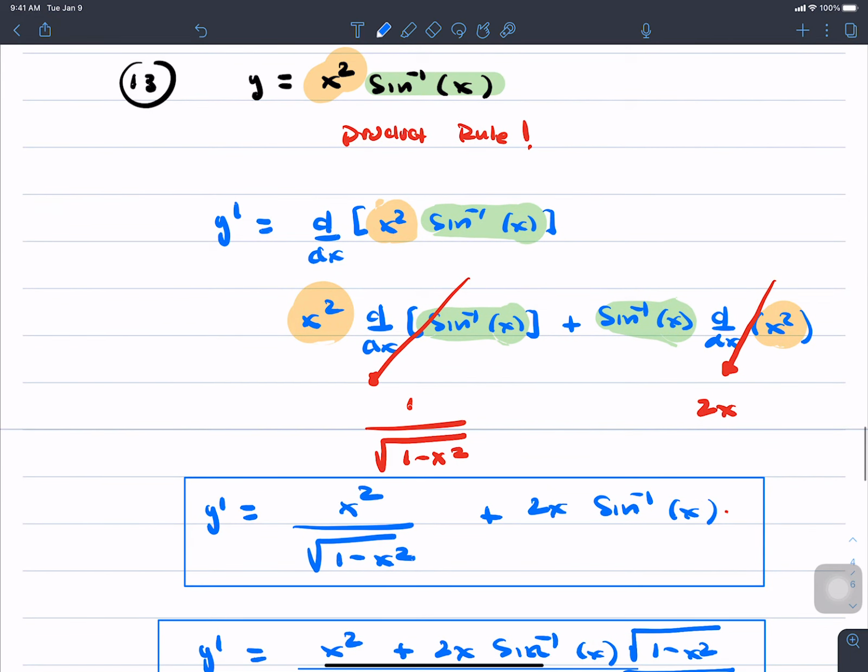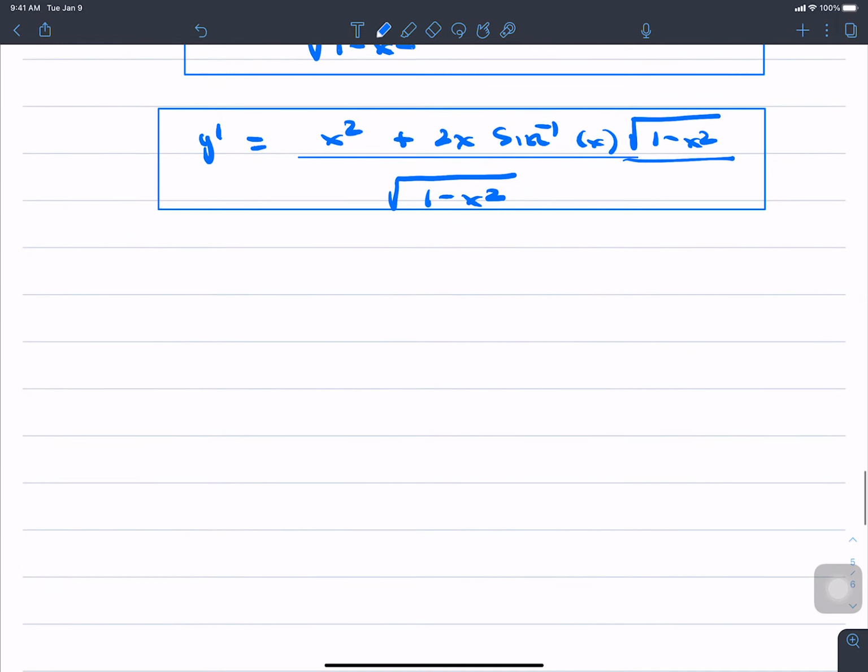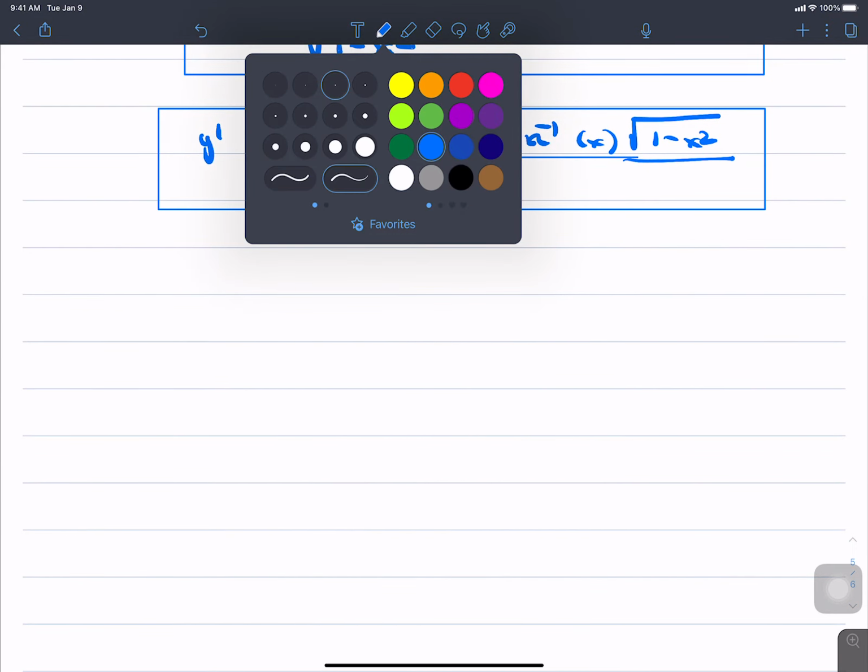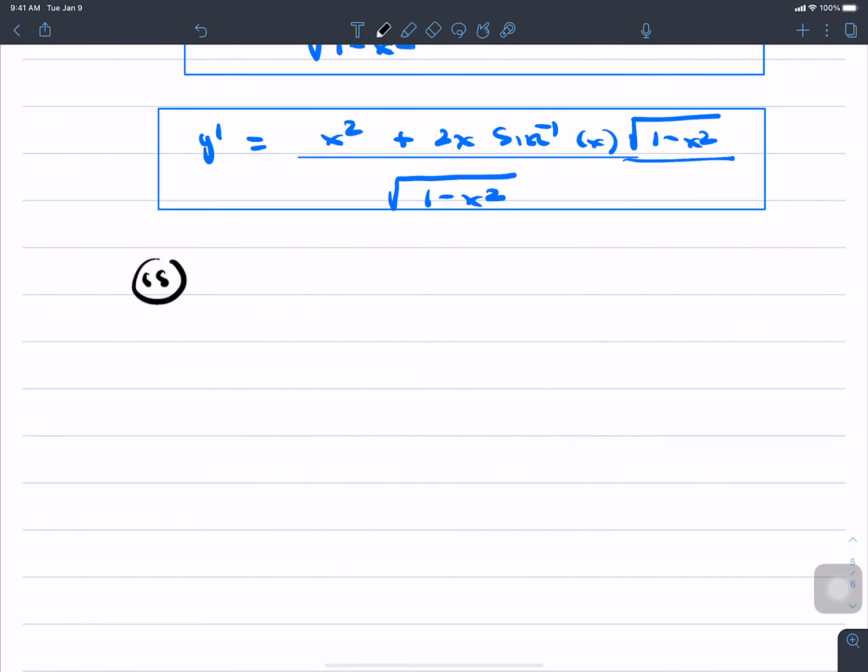So kicking this up, so let's say 15 now. I think we did something like this already, but how about we change this up? y equals e to the inverse cosine x.